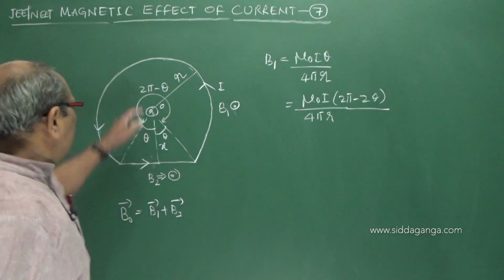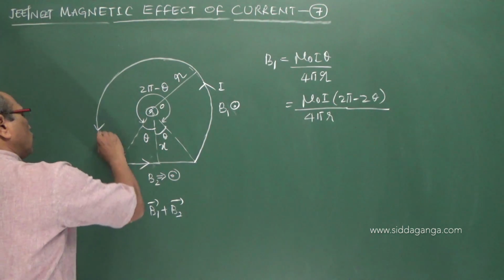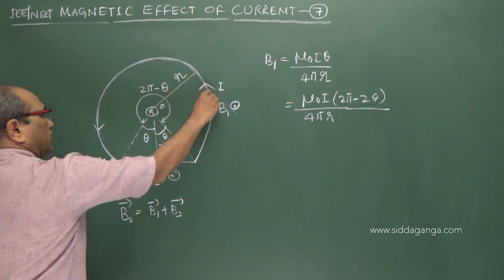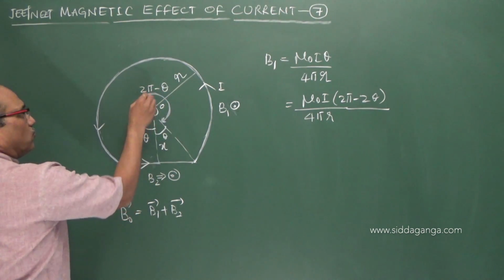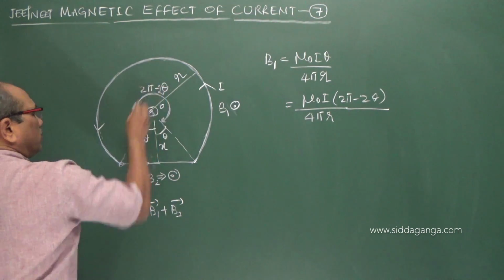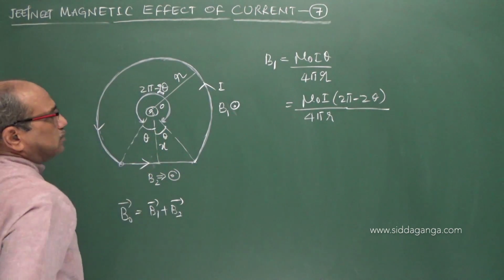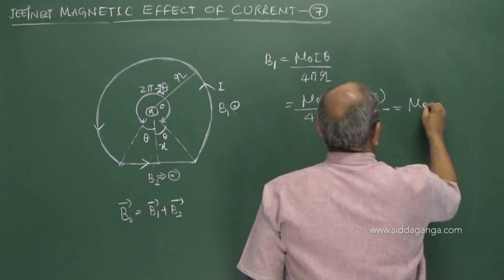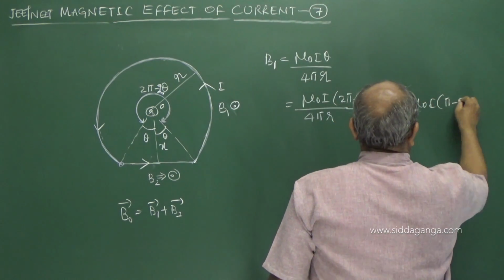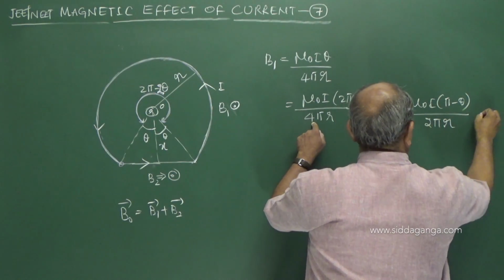This is the angle for the entire arc length, from here to here, and the angle formed by that length is 2 pi minus 2 theta, because the total angle is 2 theta. So this finally can be written as mu naught I into pi minus theta by 2 pi r, out of the board.